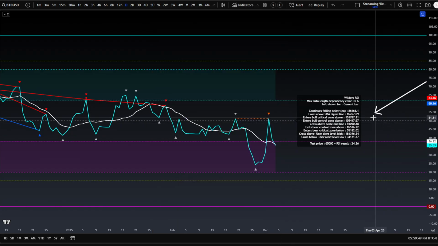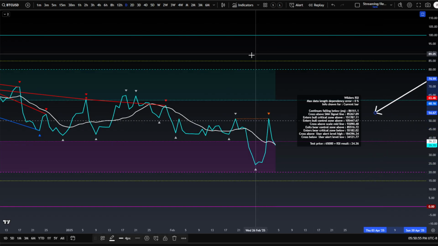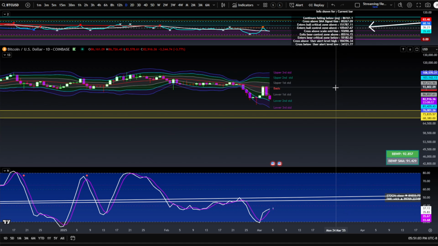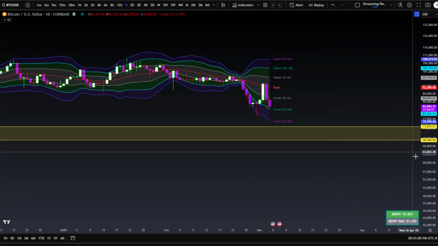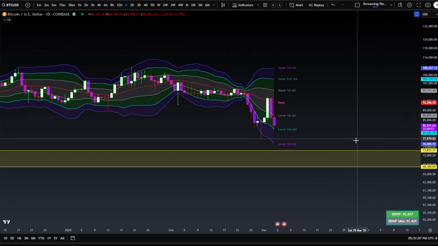Worst case scenario is the user alert low, which is $34,000. I do not see that as being viable. That is so far under Bitcoin production cost and electrical cost that, me personally, I'd be selling everything to get way, way, way more. But so far, not too much to be made of that.